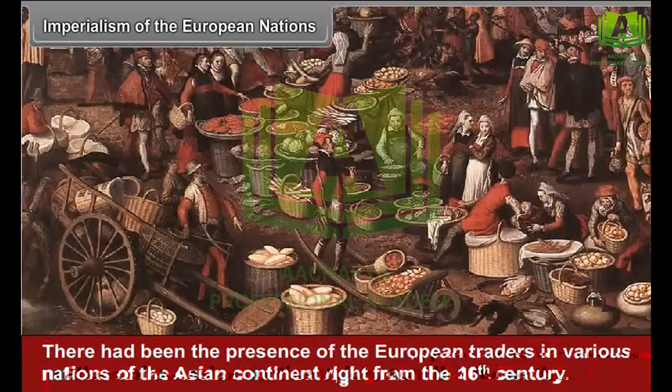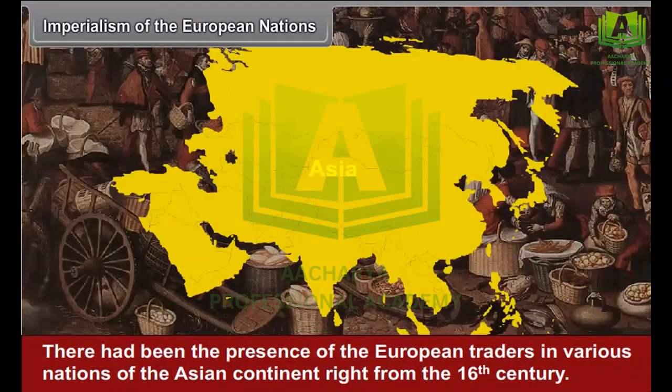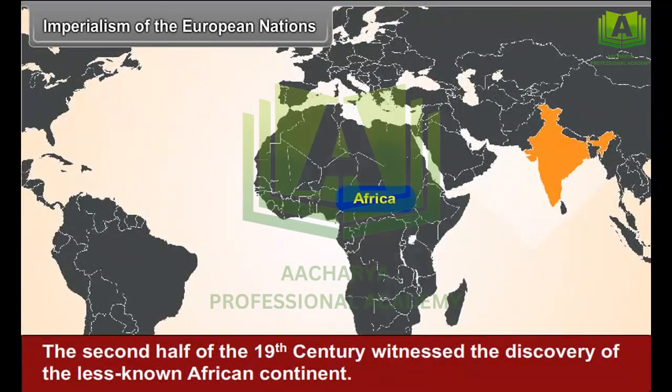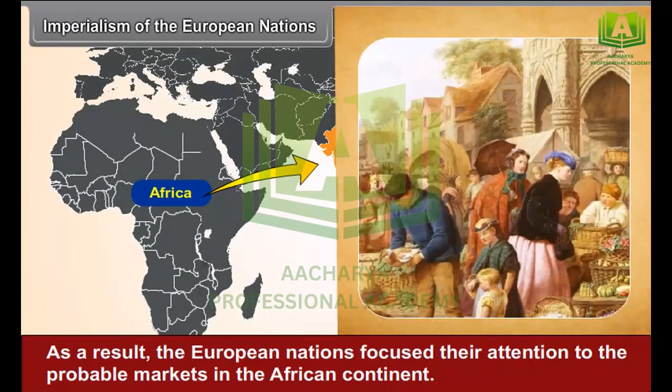There had been the presence of European traders in various nations of the Asian continent right from the 16th century. The second half of the 19th century witnessed the discovery of the less-known African continent. The nations in the African continent were undeveloped. As a result, the European nations focused their attention on the probable markets in the African continent.